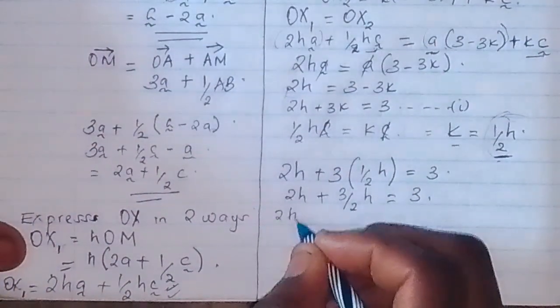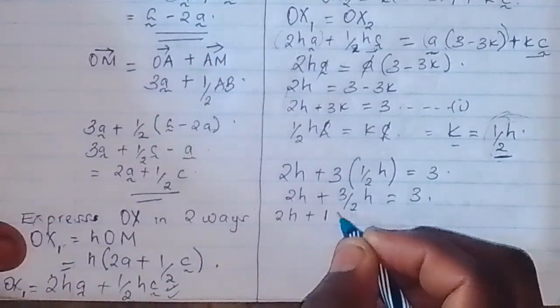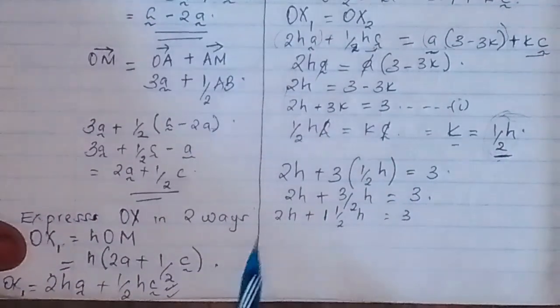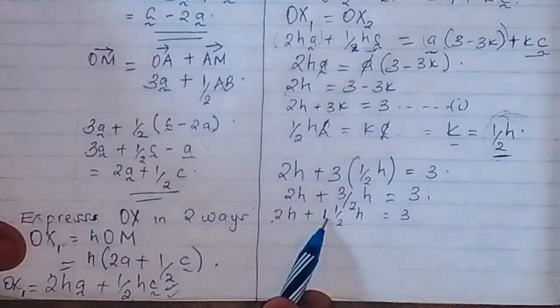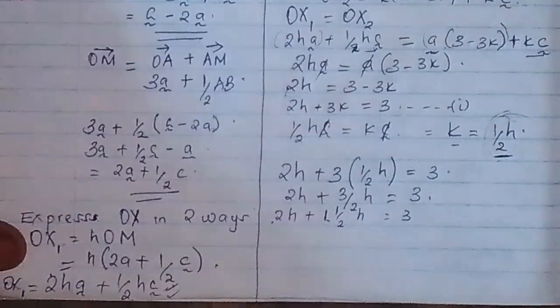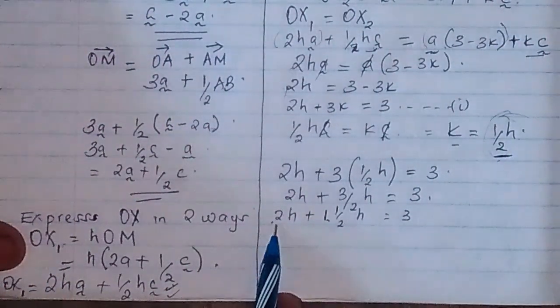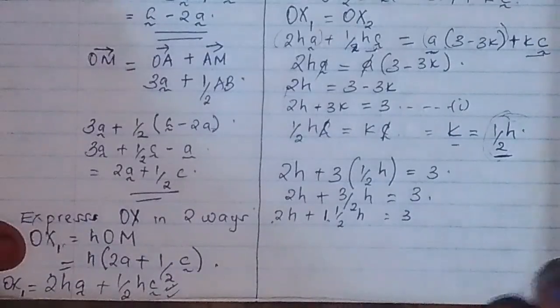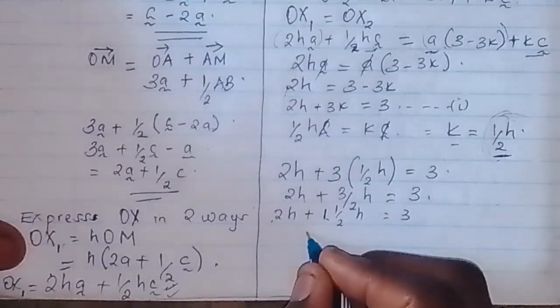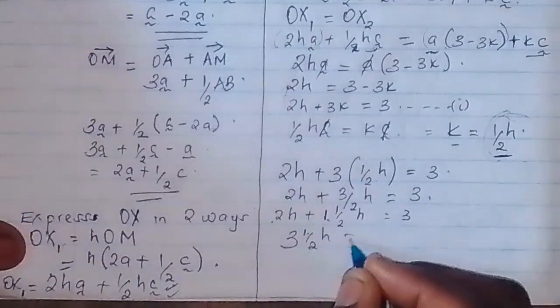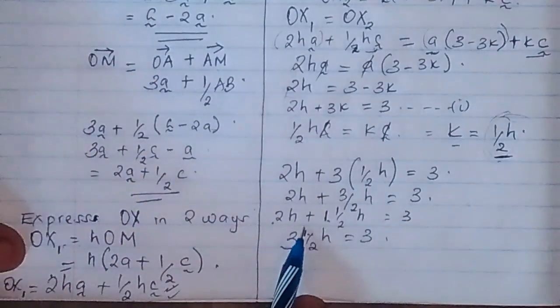Let me say it is 2h plus 1 and a half h equals 3. So 2 plus 1 is 3, so 3 and a half h is equal to 3.